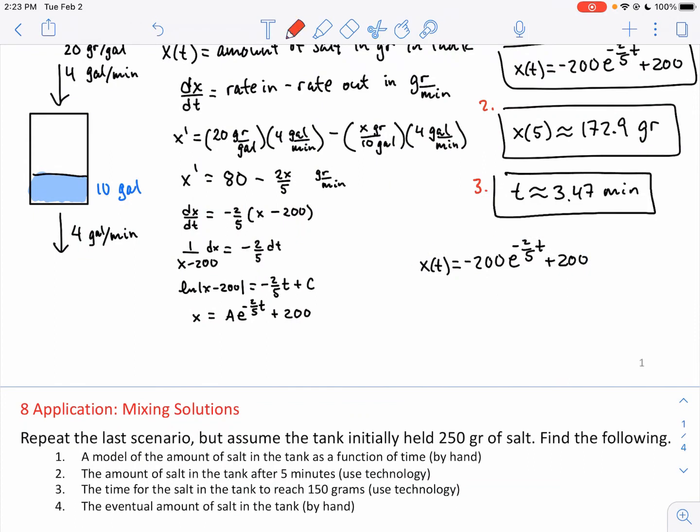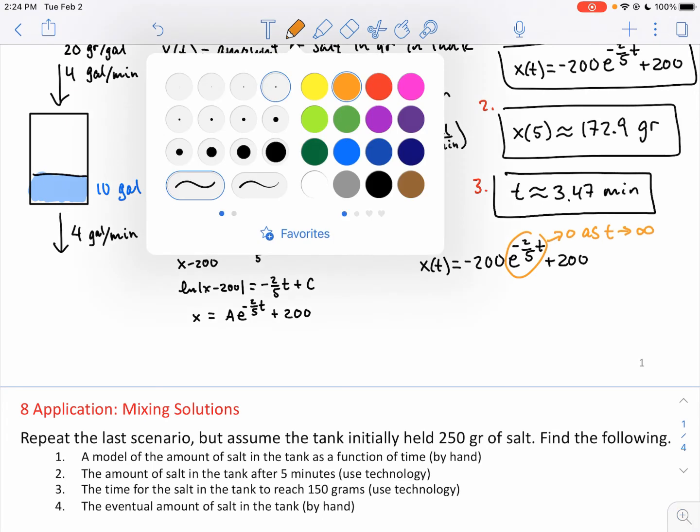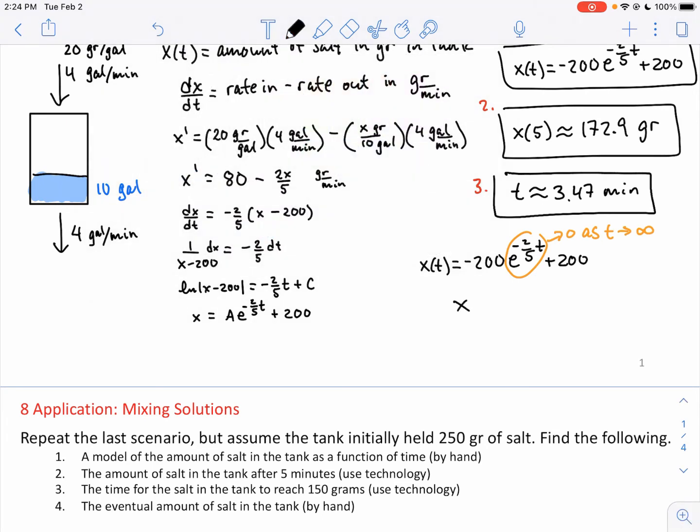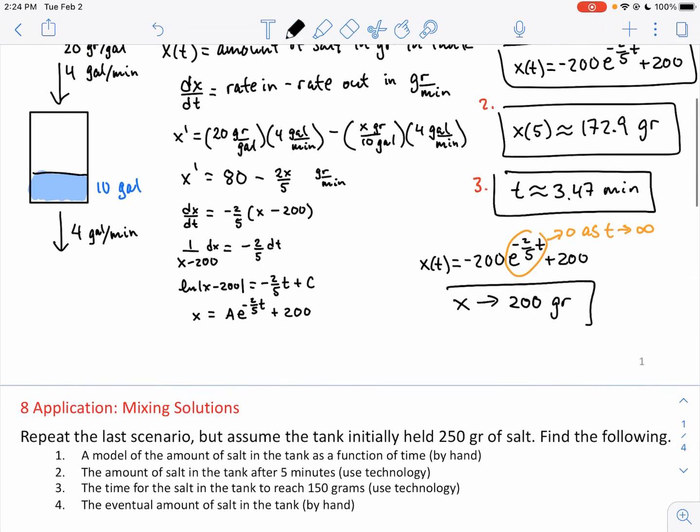And as t goes to infinity, we're going to get an e to the negative infinity here. This part here approaches 0 as t approaches infinity, which means that x approaches this 200 right here. And that is the answer to our 4th question.